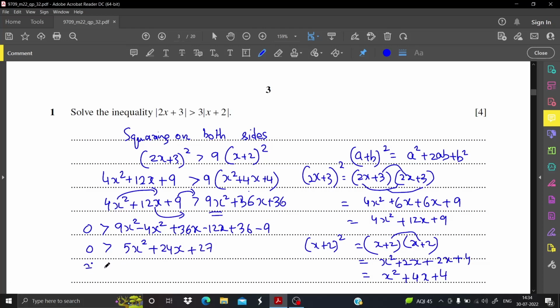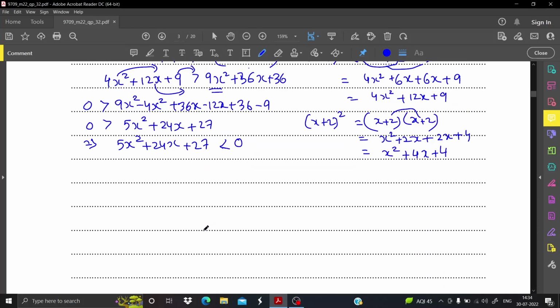The other way of writing this is 5x square plus 24x plus 27 less than 0. So this is a quadratic inequality for less than 0, whereby you get the roots in between. So the solution is in between the two roots.